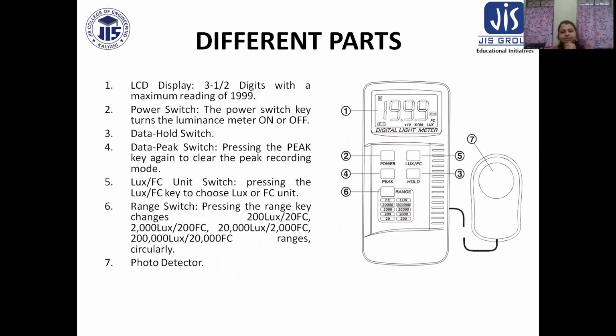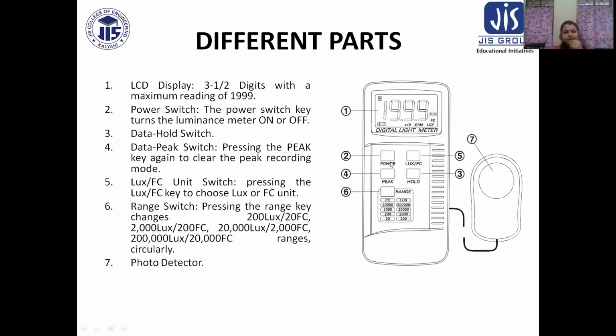Next, different parts. The digital lux meter consists of some parts which are very important to keep in mind. First one is the LCD display, 3.5 digits with a maximum reading of 1999. Next, number 2 is the power switch.